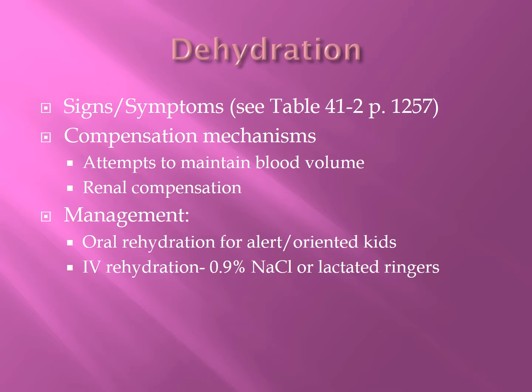When the fluid volume loss is so great that it cannot be compensated anymore, then the blood pressure is going to start to fall and tissue perfusion is compromised. This leads to hypoxia, and that leads to the accumulation of lactic acid from anaerobic metabolism, pyruvic acid, which leads to metabolic acidosis. Ultimately, this is going to lead to shock.